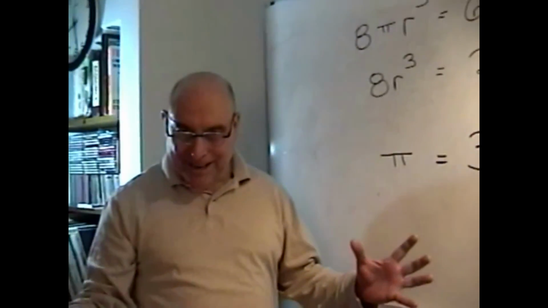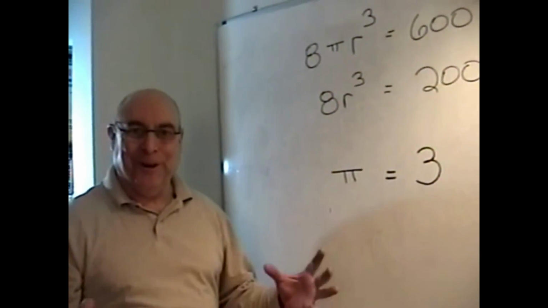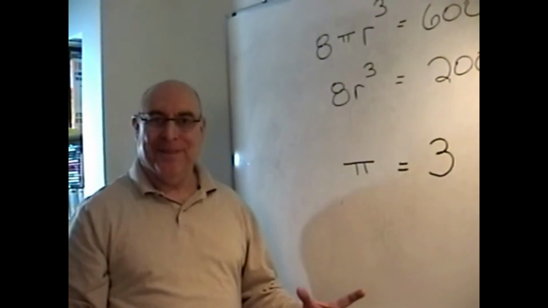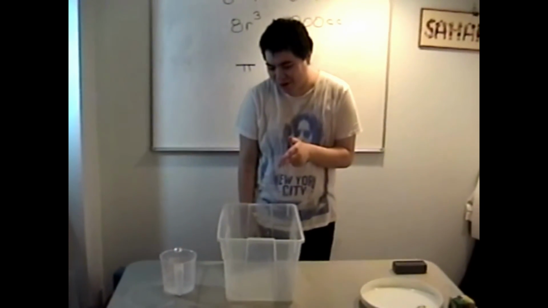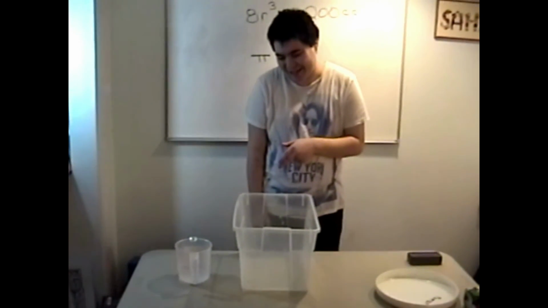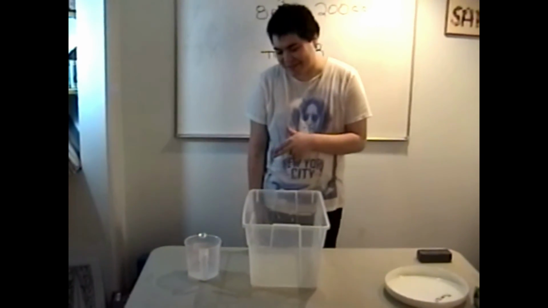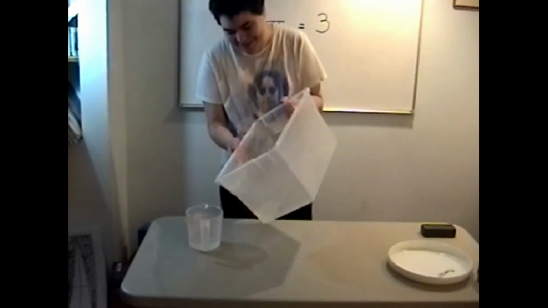Hey, hallelujah! We've confirmed the Bible. Pi is equal to 3. What do you know? Wait a minute, Dad. There's still a little water left in here. You gotta be careful when you're studying the Bible. It looks like pi equals 3 plus a little more.